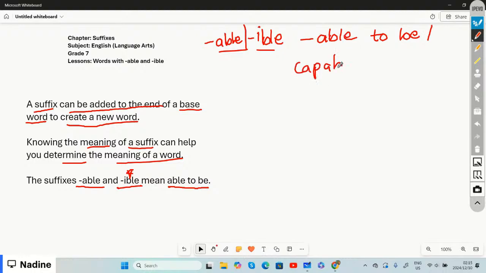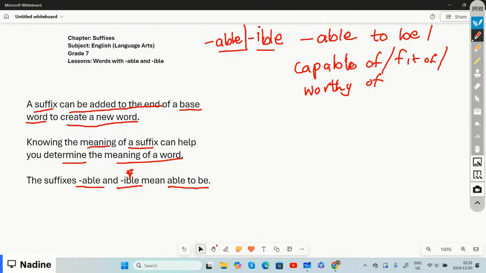It means that you are capable of something, or we can say that you are fit for it, or we can say it is worthy of. And that is what either able or ible means.